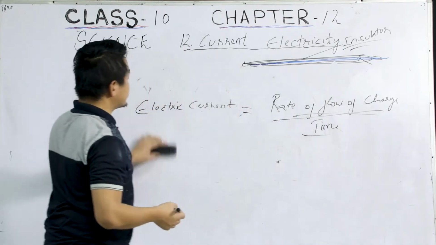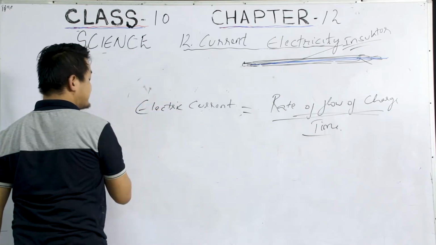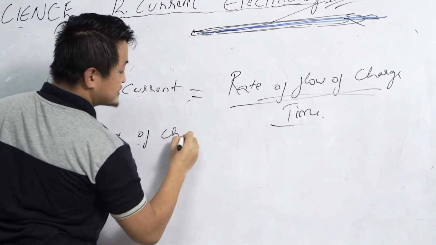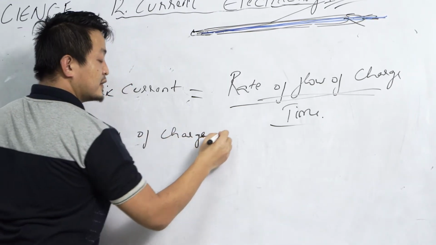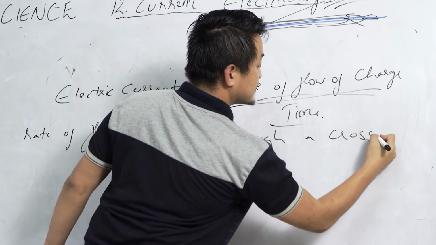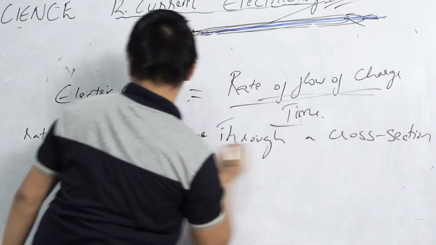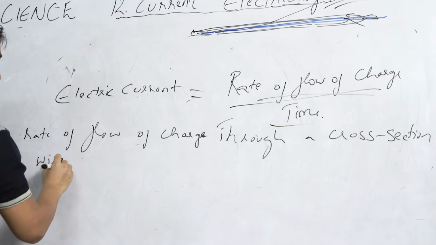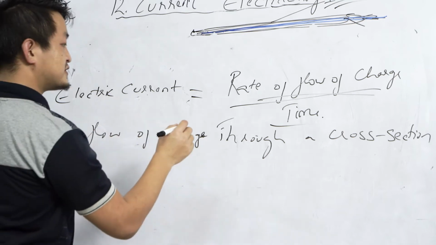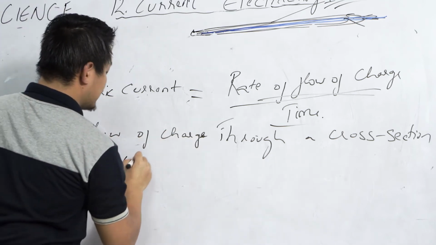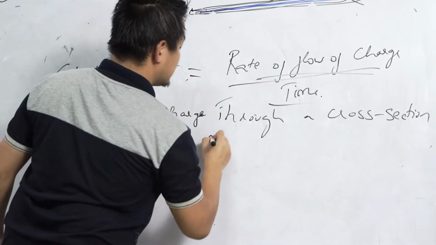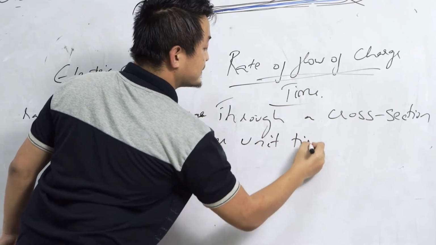So for the definition, what you write is: electric current is defined as the rate of flow of charge through a cross-section of a wire in a conductor per unit time.